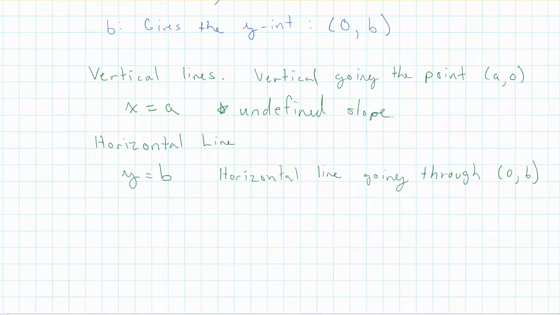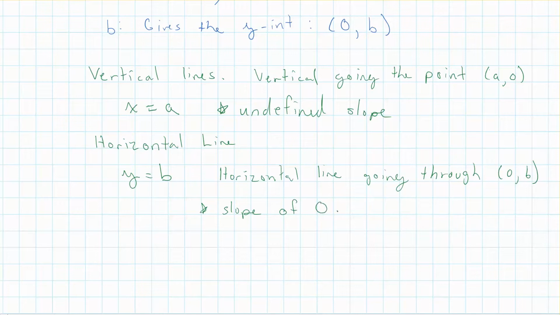And the reason you don't want to say no slope is, do you mean 0 or do you mean that it's undefined? No slope is kind of ambiguous terminology, so we don't want to use that. We want to say that it's either undefined slope, or for a horizontal line, a slope of 0.